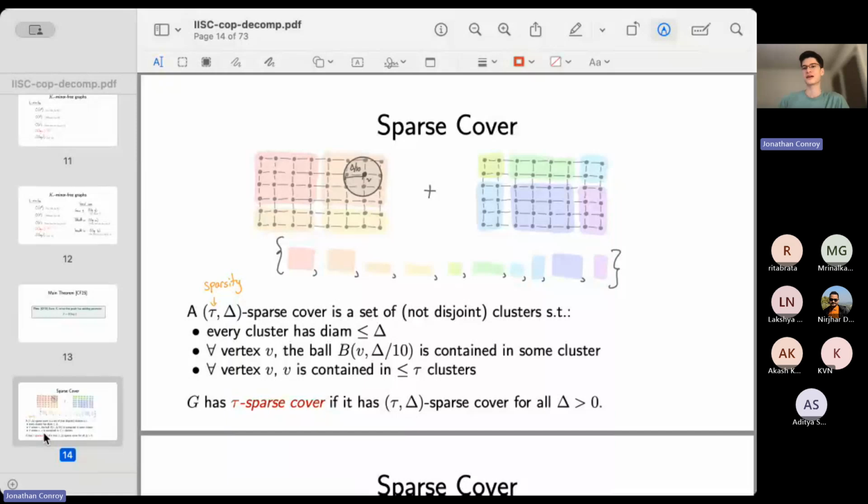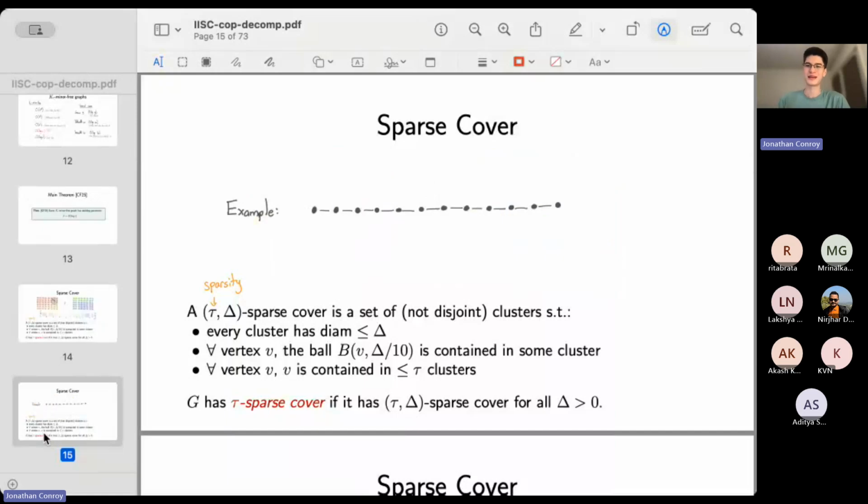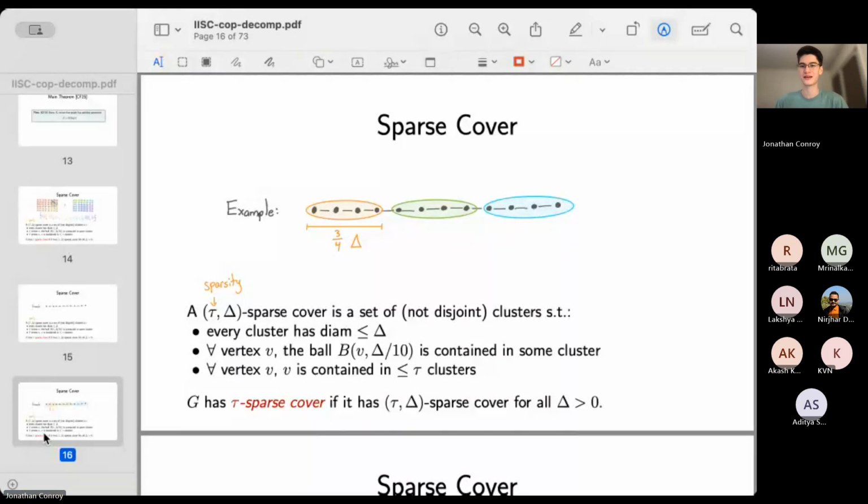Good. Okay. So just quickly, what does sparse cover look like on the line? Again, this is the easiest case. What you can do is chop up your line into segments of slightly smaller than delta.